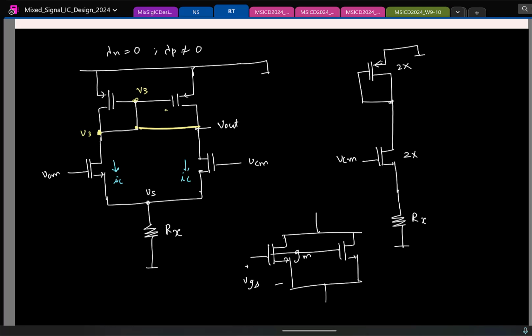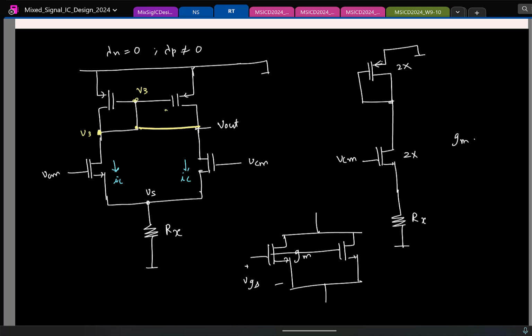So remember, here when I connect two transistors in parallel, the voltages remain the same. VGS is the same, VDS is the same. So the expression for GM you should use is... What is the expression you should use? No. You can use 2 ID by VOV. See, there is nothing wrong in using any expression, right?